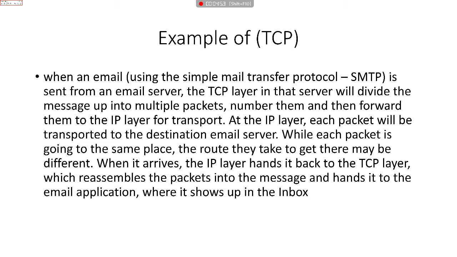While each packet is going to the same place, the route they take may be different, and when it arrives at the IP layer, it hands it back off to the TCP layer, which reassembles the packets into a message and then hands it to the email application where it shows in their inbox. That would be the checksum list and back to the UDP datagram.